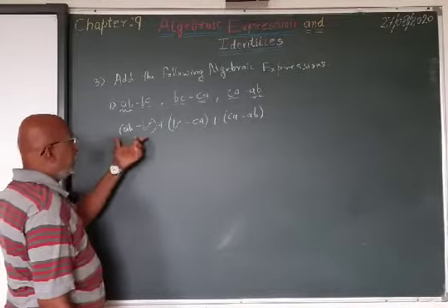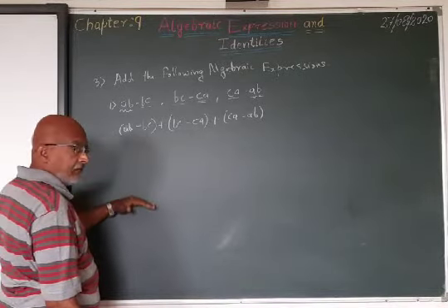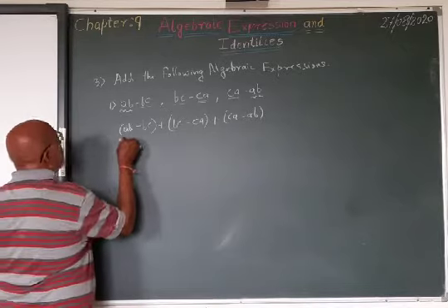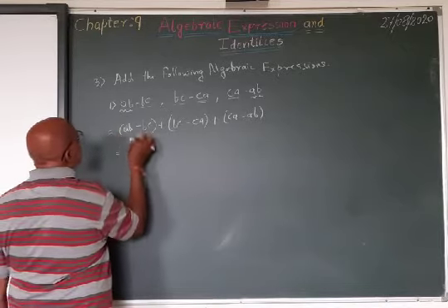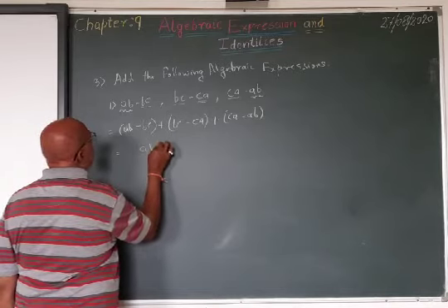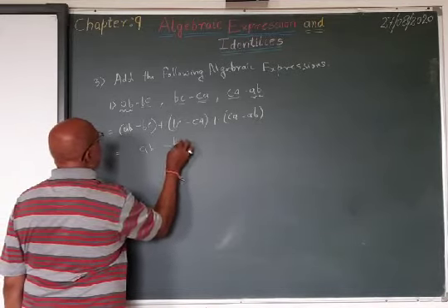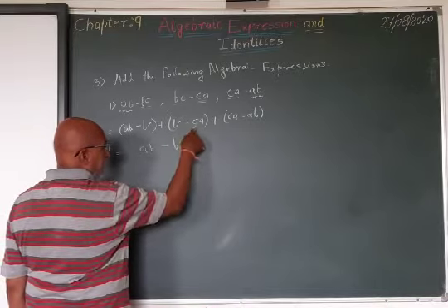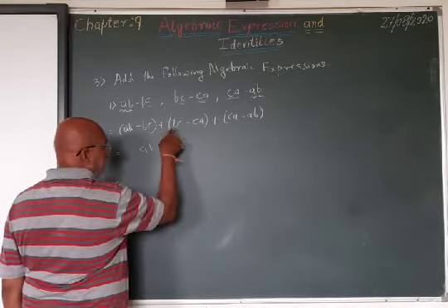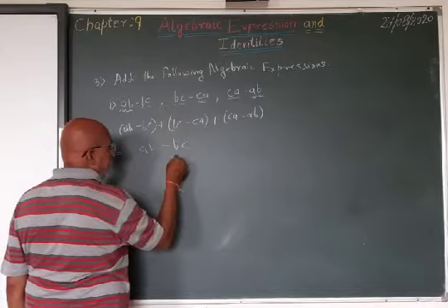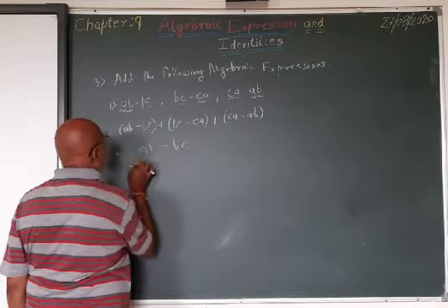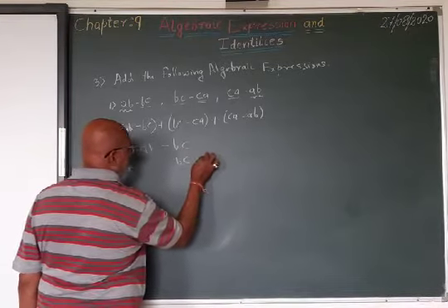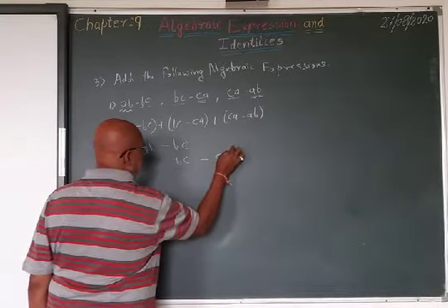Now what we have to do is arrange it. For adding, we arrange in the vertical way. Equal to AB minus BC. Then BC minus CA. Here BC is there, these are the common terms as I showed. So I can write here plus BC minus CA.